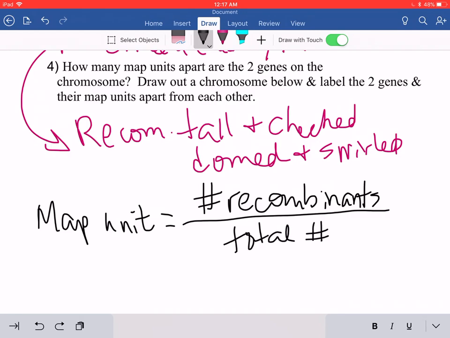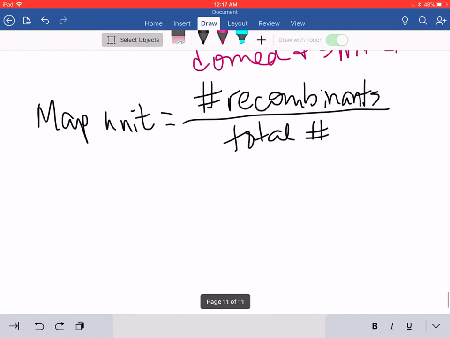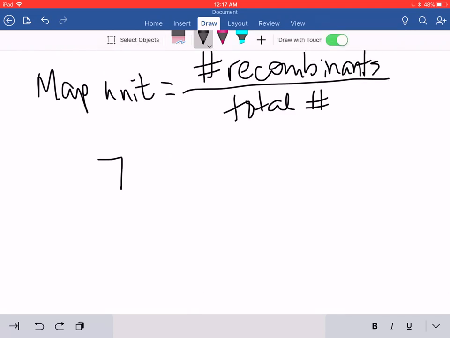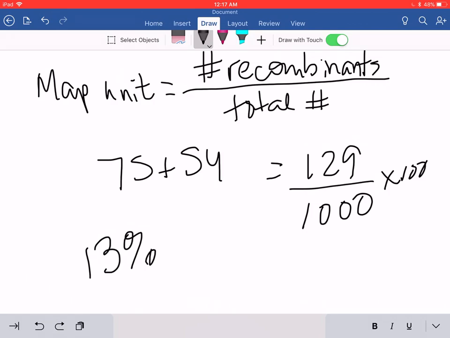If we go back to our numbers here, we know which ones are our recombinants: 75 plus 54, which is 129, divided by the total number, which is 1,000. You can either multiply this to give it as a percentage or keep it as map units. We're going to basically end up with 13%, or 13 map units.